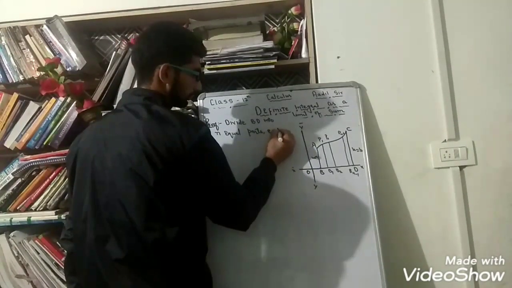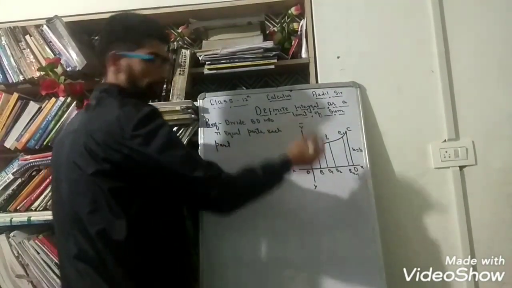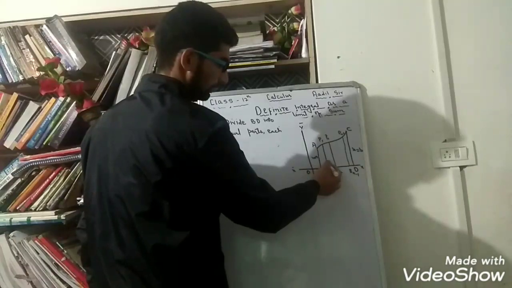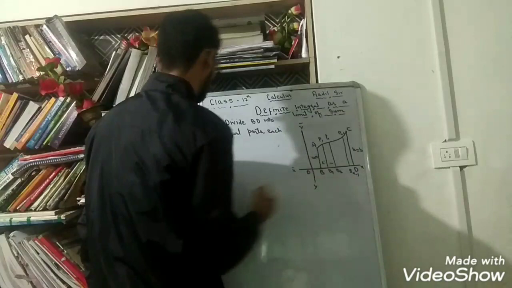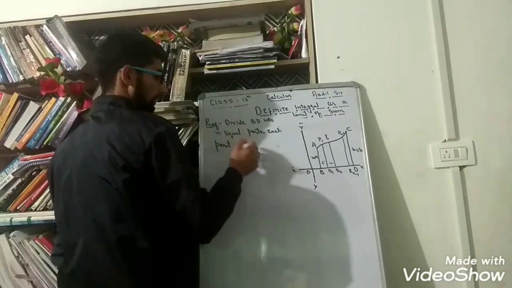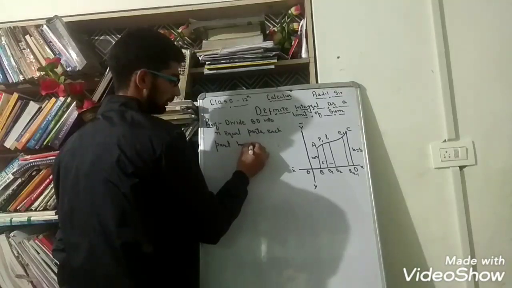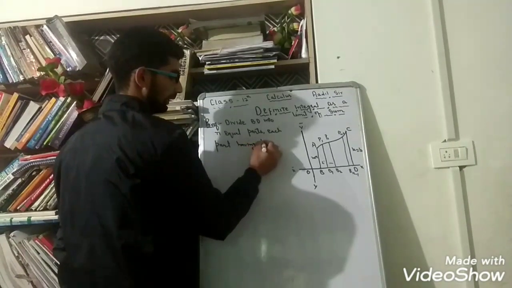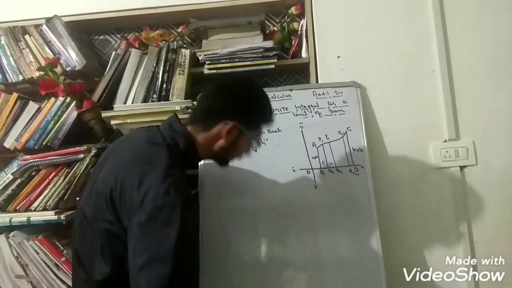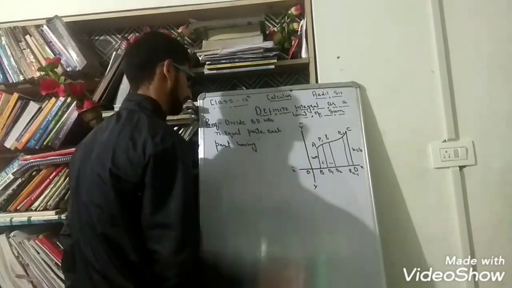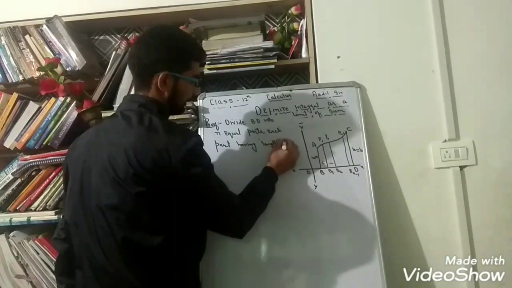Take the length of each part as h. So this one is h, and this. So n equal parts, each part having length h.